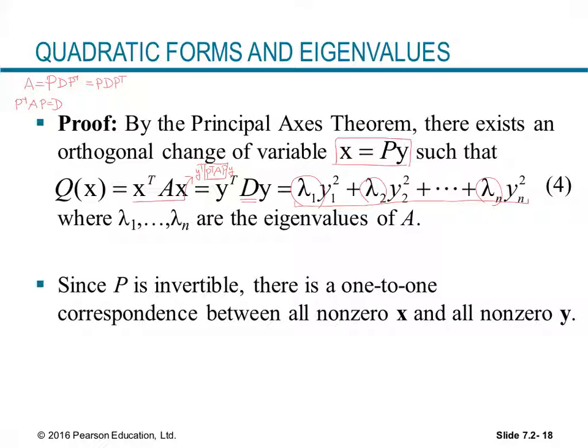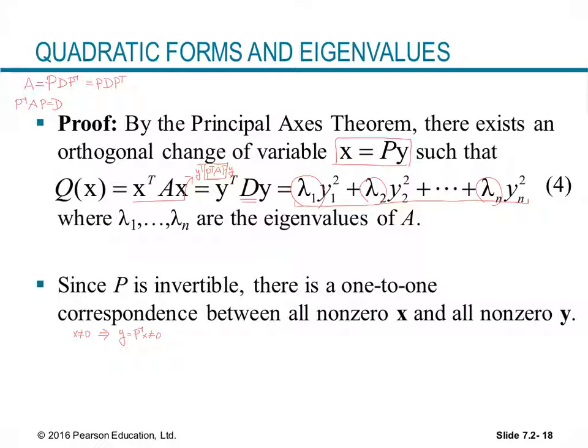And since P is invertible, there is a one-to-one correspondence between all the non-zero x vectors and all the non-zero y vectors. Especially if x is non-zero, then y, which is P inverse times x, cannot be zero, right?